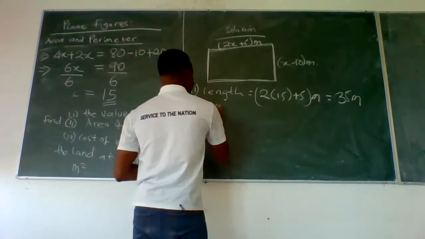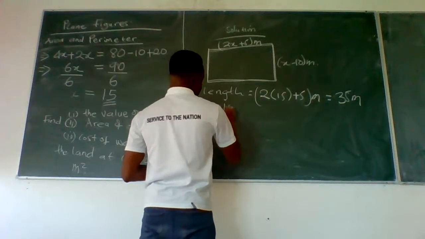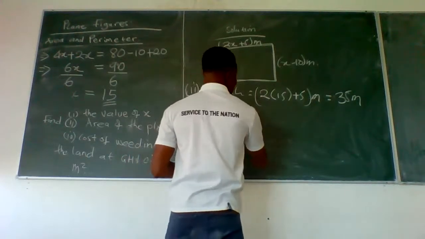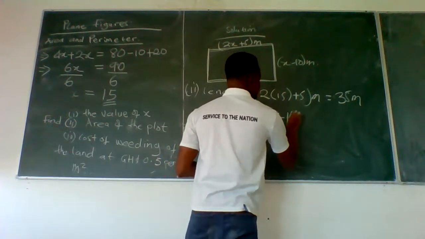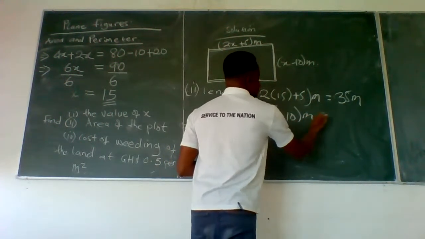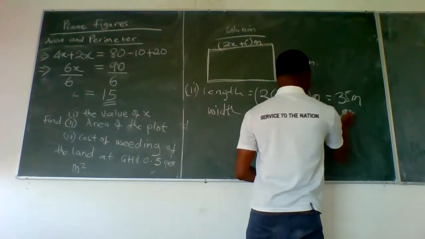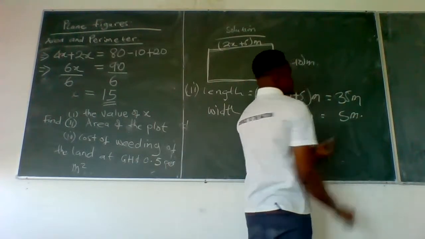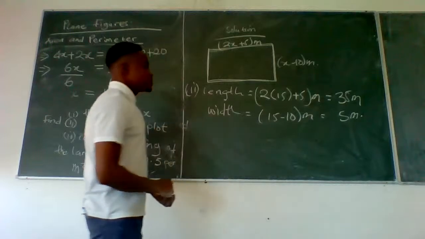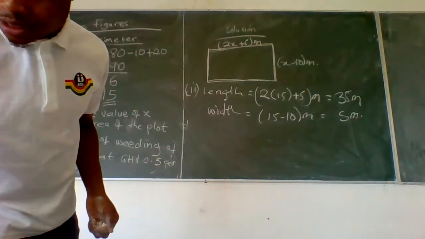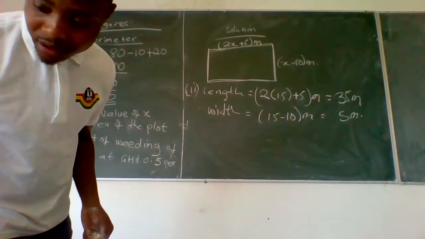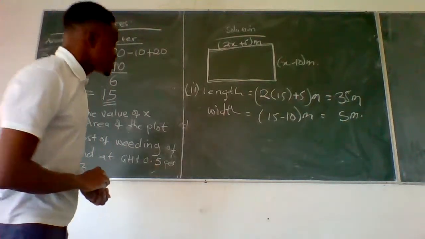And then width is 15 minus 10, which is equal to 5. So you have these two values. So finding the area is just multiplying these two sides.